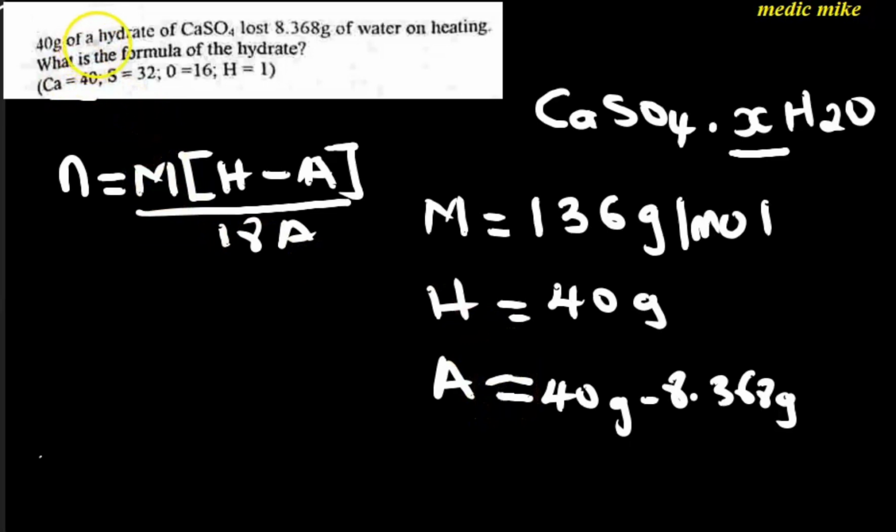So if you read the question very well, 40 grams of a hydrate of calcium sulfate lost 8.368. So 8.368 is not the mass of the anhydrous salt. Rather, it is the water of crystallization that has been lost from the hydrated salt, and the mass that is left will be our anhydrous salt.